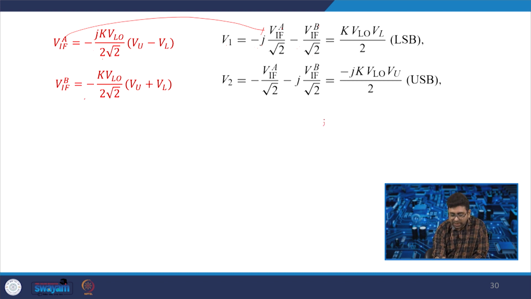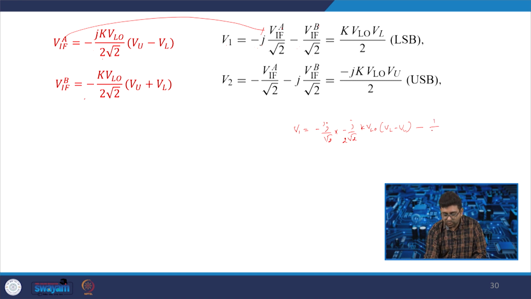If you write VIFA here, with j by root 2, we can write V1 equal to minus j by root 2 into minus j by root 2 k j by 2 root 2 k into VLO, VU minus VL, minus VIFB.